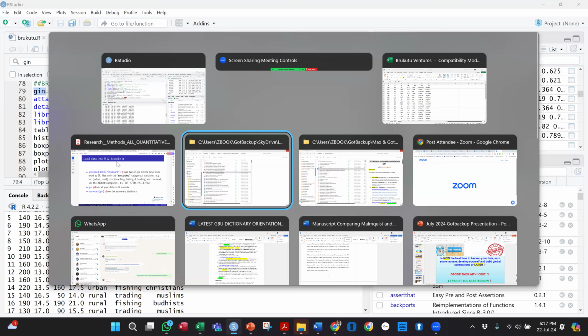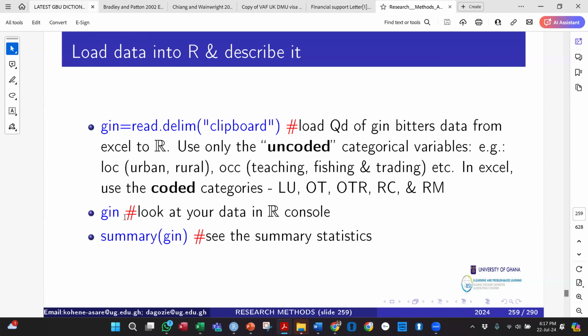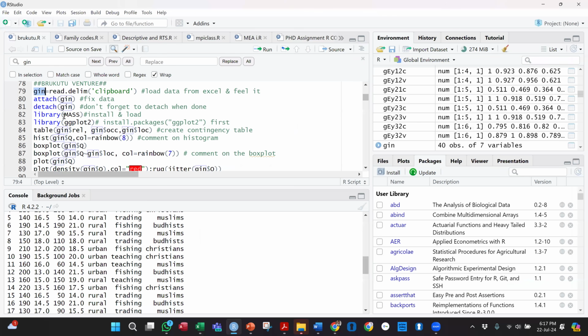When you go to your Excel, you can run some descriptive statistics. Okay? You can run some, but remember, there are other things you can do with your data. You can generate something we call a contingency table, and I want to do that. Before you generate the contingency table, you have to run a package.